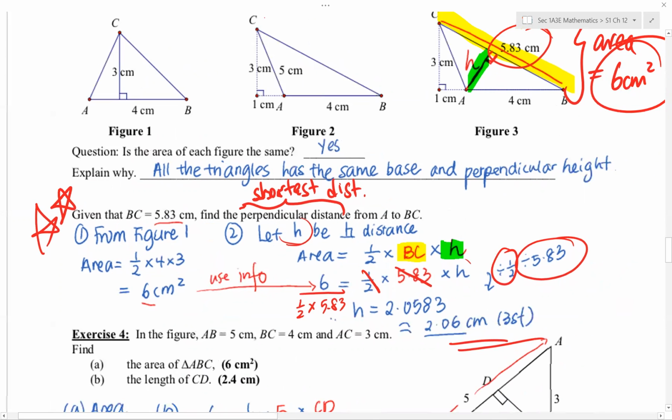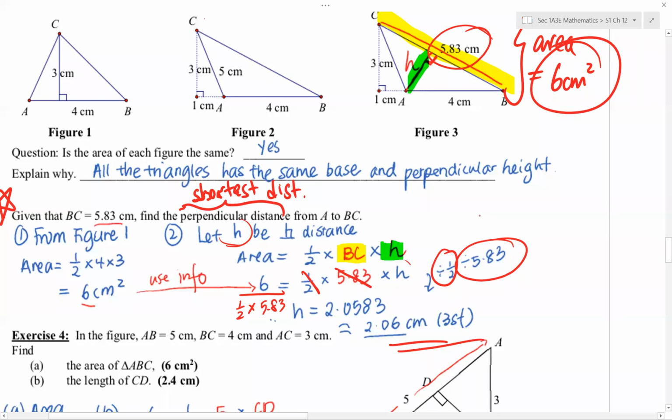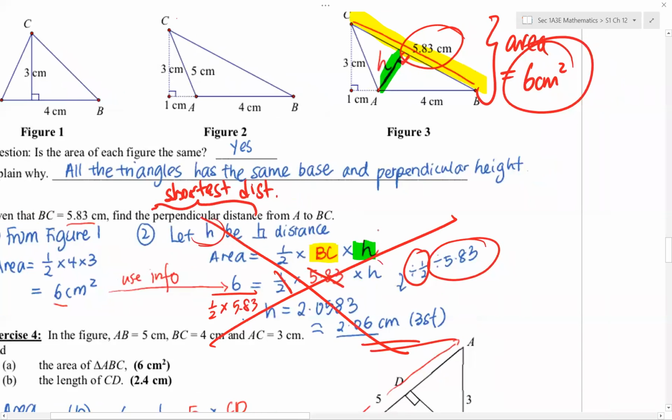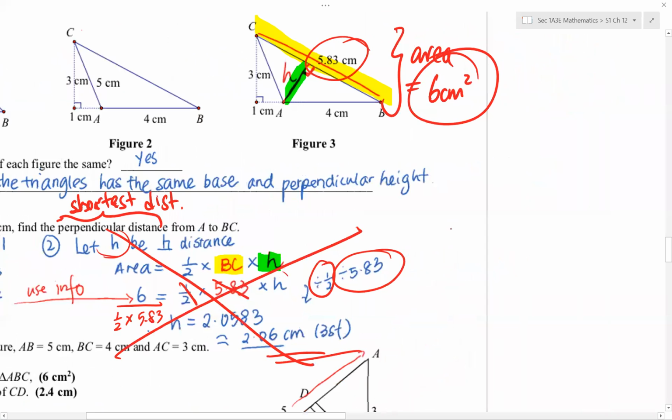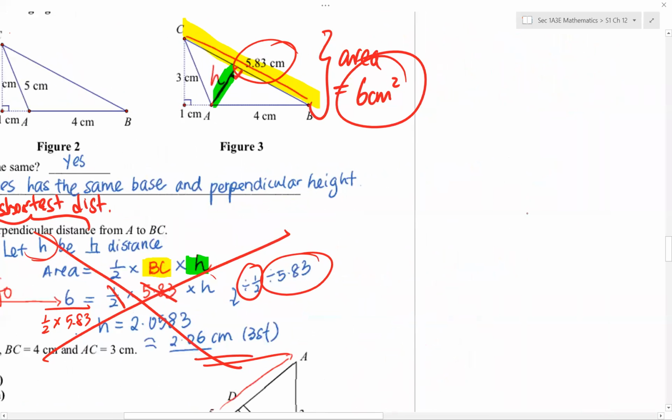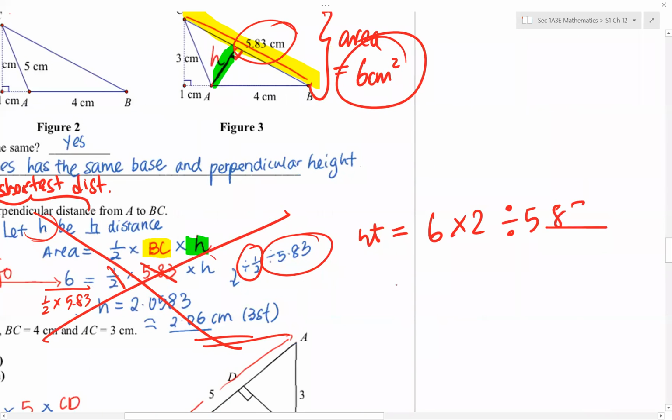So you are saying, skip all this and say height equals area times 2 divided by 5.83. Okay, what do you think? Exactly.